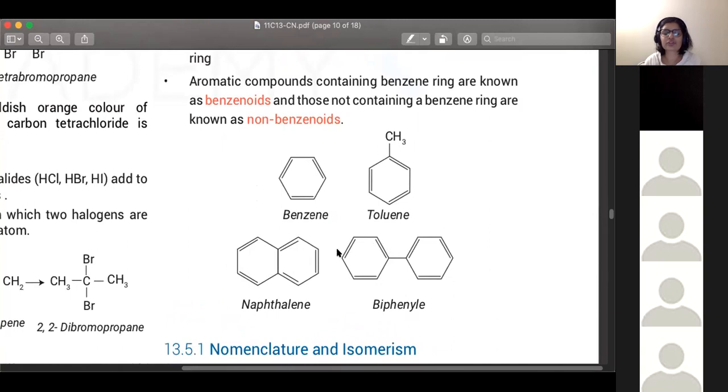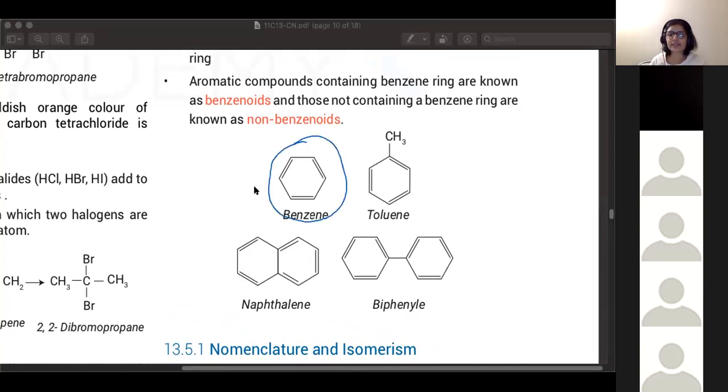So the ring structure in itself is called benzene, but if the ring structure is present as an attachment to something, so this particular part is called a phenyl. So this particular branch or substituent is called a phenyl. Sometimes it's also shortened to Ph. Okay, so you must have come across this in nomenclature.